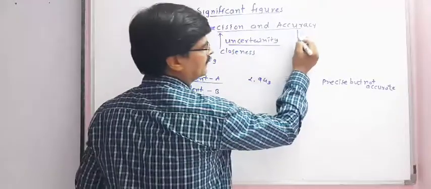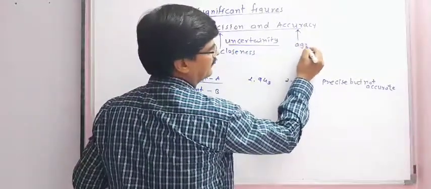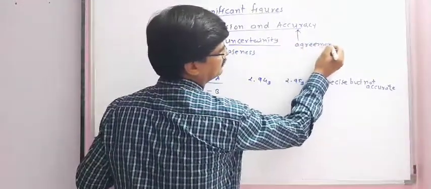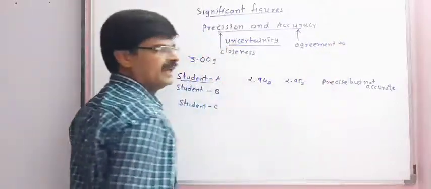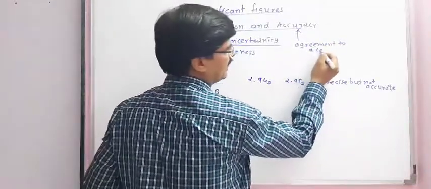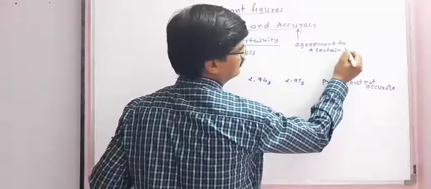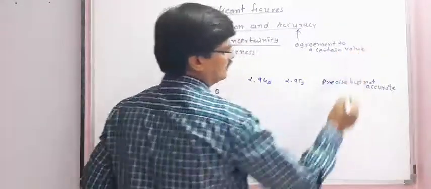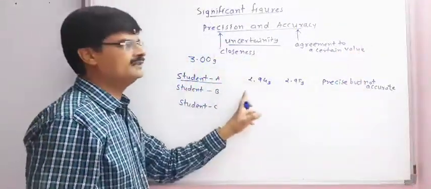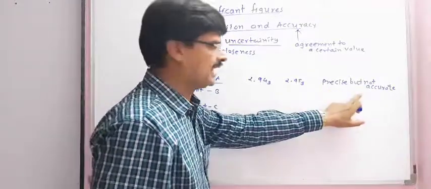Before we study student B, we should understand that precision is closeness, and accuracy is agreement with a certain value. So student A's result is precise but not accurate.